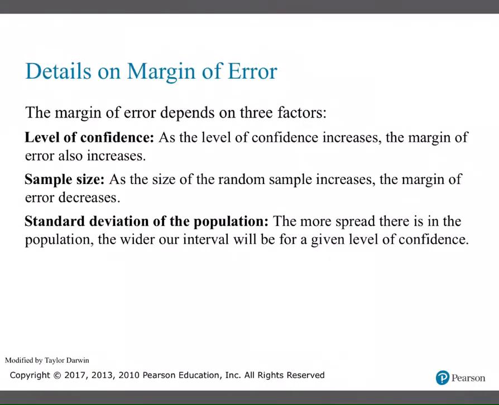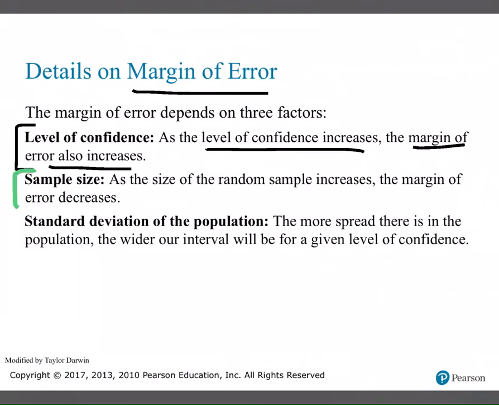So, a couple of things on margin of error. It depends on 3 factors. The level of confidence. Remember I told you it could be different levels, say 80%, 95%, 90%. As the level of confidence increases, the margin of error also increases. Sample size.